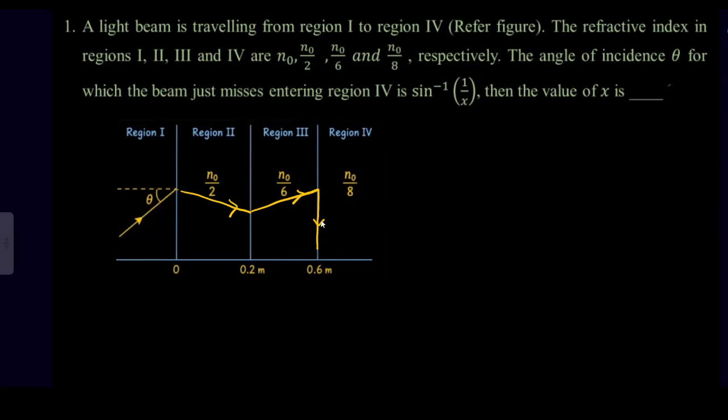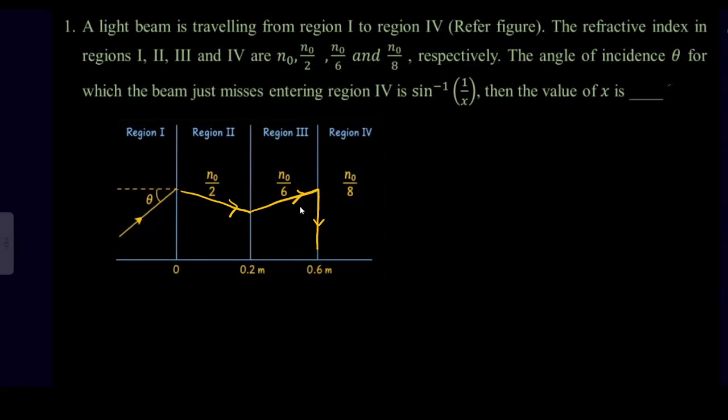The angle of incidence for which the beam just misses region 4. For this case, what will be the angle we need to find?